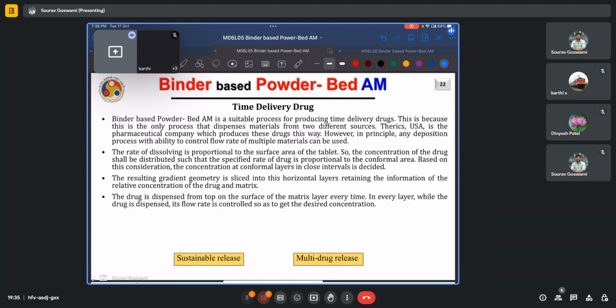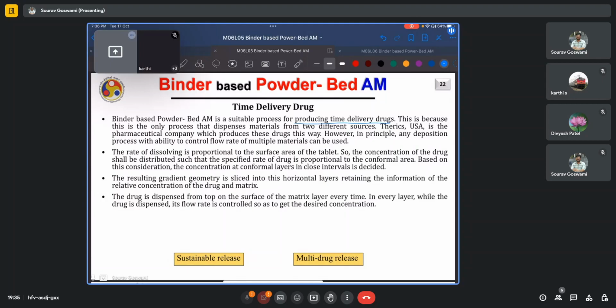And it is very interesting to find that a manufacturing process, which is originally envisioned for, say, engineering materials such as metals and polymers, actually finds its way into a highly quality controlled and highly sensitive application such as drug manufacturing. So binder-based powder bed AM has been found to be very suitable for producing time delivery drugs.